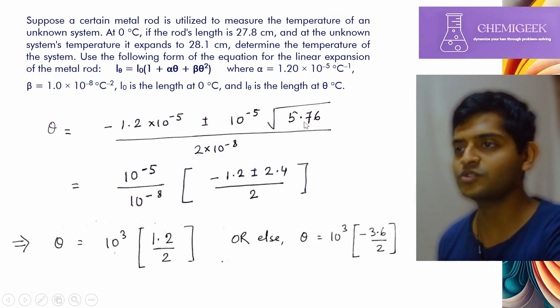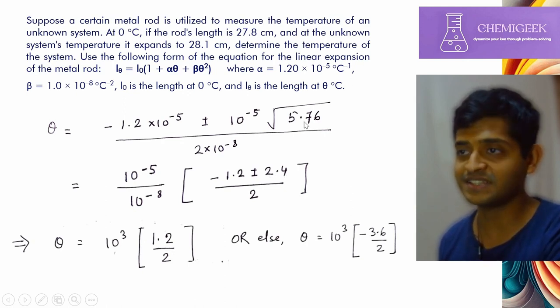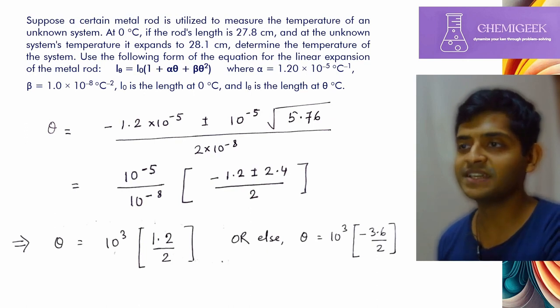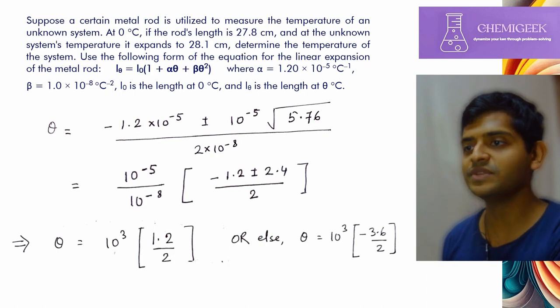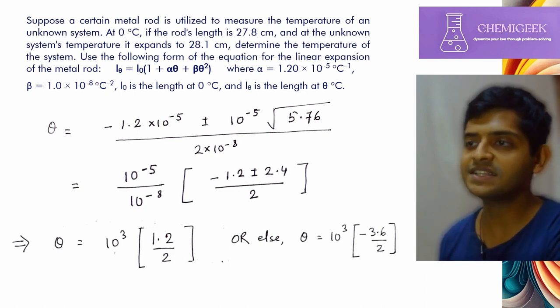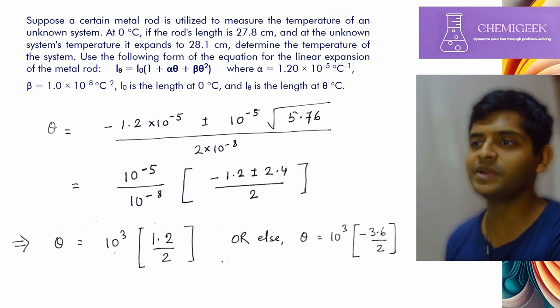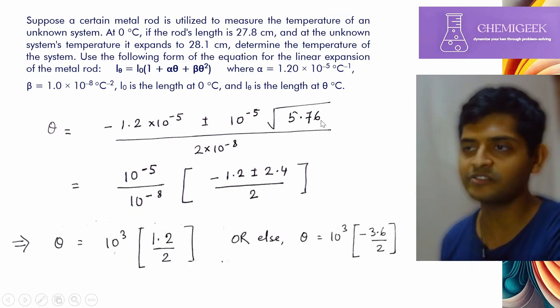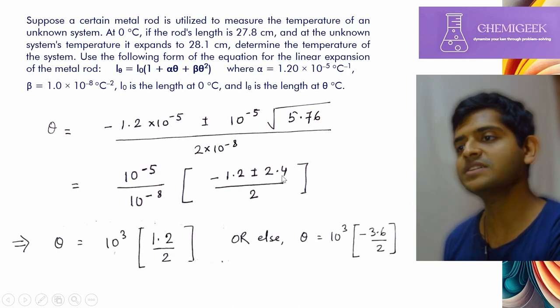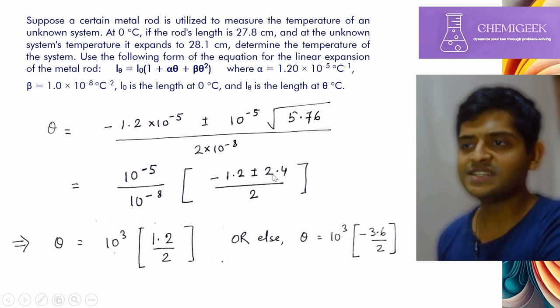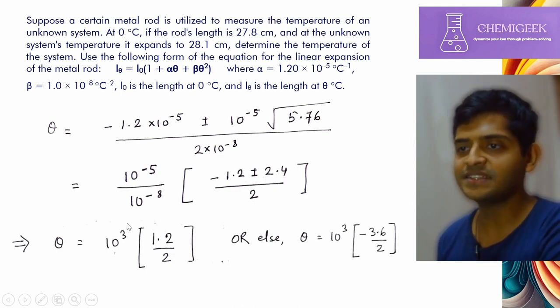Why 2.4? Because the root of 5.76 is 2.4. Basically, if you take the root of 576, we get 24, and this is basically 576 divided by 10 to the power 2, that is 100, so that gives 2.4. So these are simple numbers, as we can see.